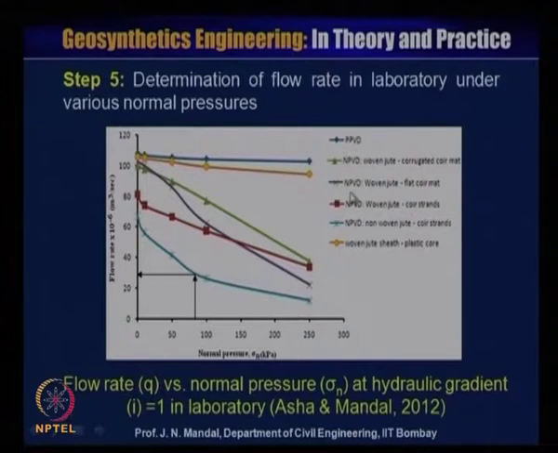Here many different types of samples have been tested, but in our example we have taken only NPDT, natural prefabricated drain, and that is why we are considering only this blue color curve. You can see that the flow rate is decreasing with increasing normal pressure, and then becomes almost constant.